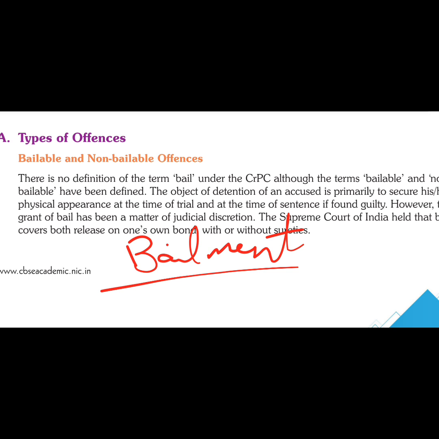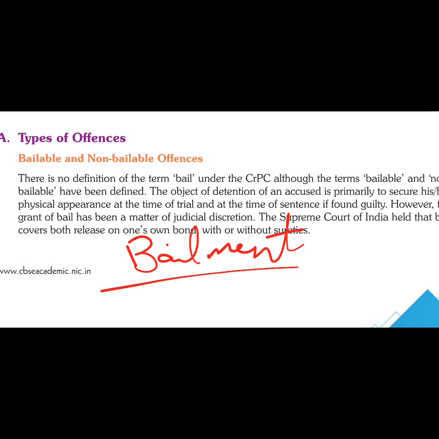Okay, so this is the concept of bailment, wherein you are giving your item or your belongings to another person, and he has to take care of those items until a specified period of time that is pre-decided. That duration is pre-decided between the parties, and on expiry of that duration of time, the item has to be returned back to the person who was the owner of those items.